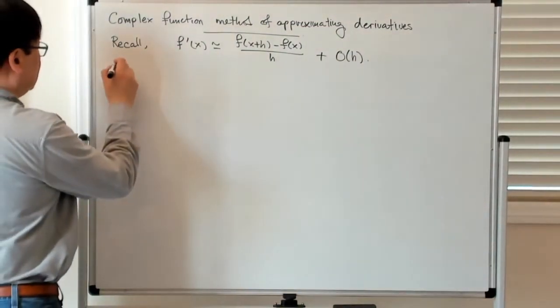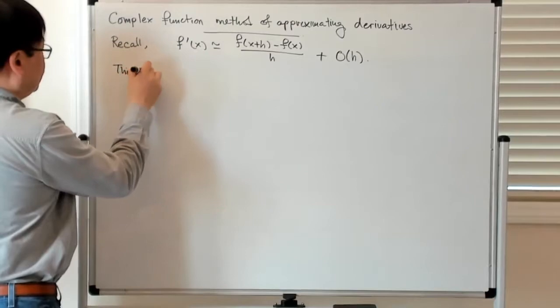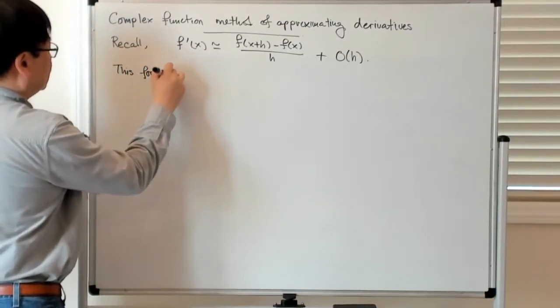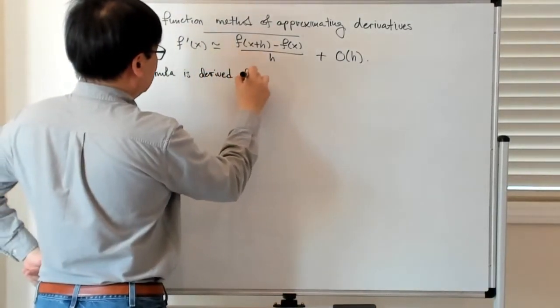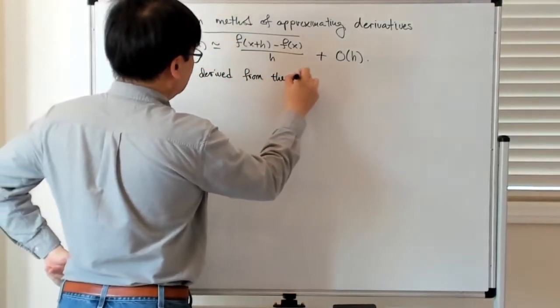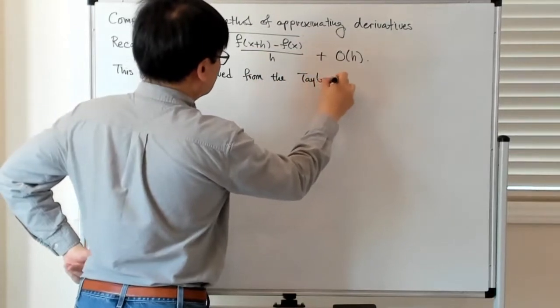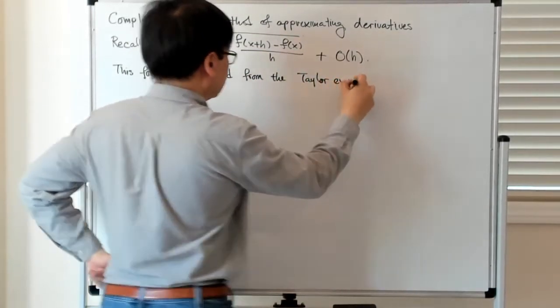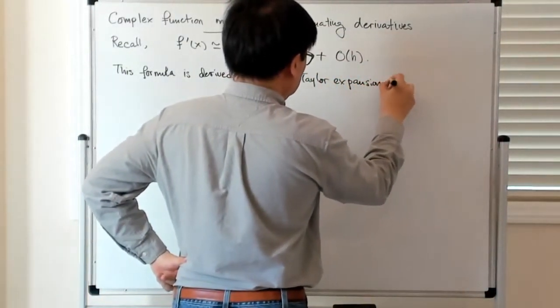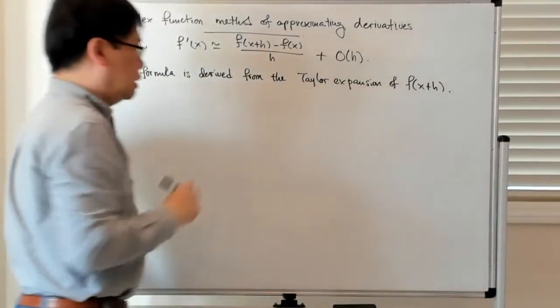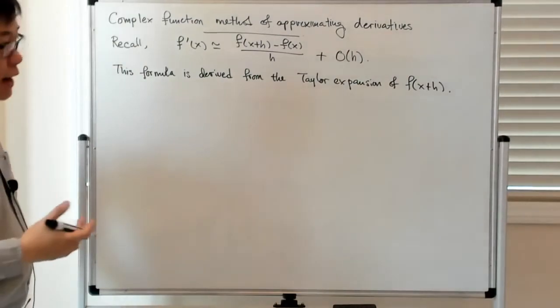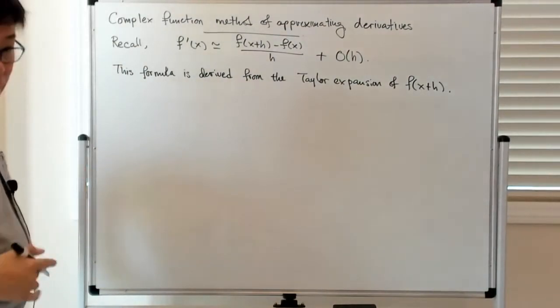This sort of formula is derived from the Taylor expansion of f of x plus h. Okay, so we're going to do something similar now, but in a sneaky way.